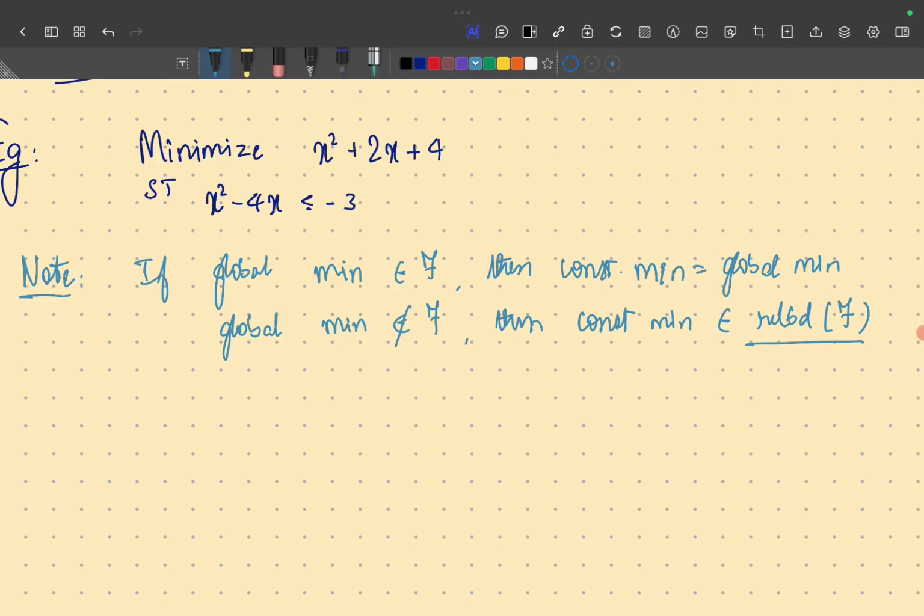So if the global minimum does not lie in the constraint set, then no interior point can satisfy the first order necessary conditions, and therefore it cannot be a constrained minimizer, because a constrained minimizer, after all, has to be a local minimum within the constraint set, right.